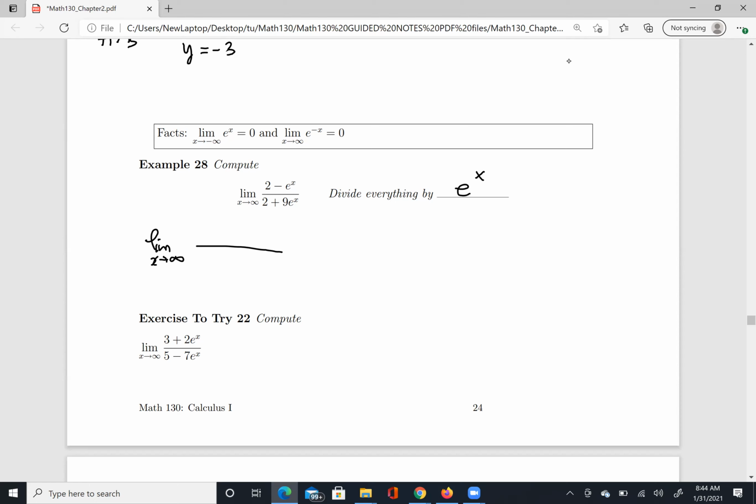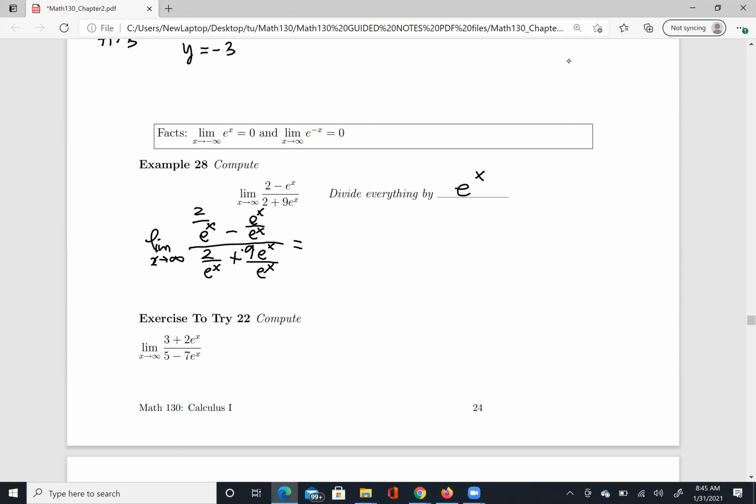The top will be 2 over e to the x minus e to the x over e to the x, and the bottom is 2 over e to the x plus 9 e to the x over e to the x.